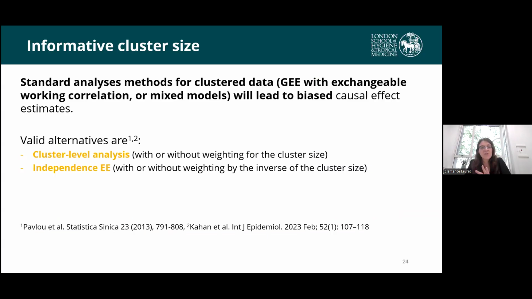So this is something we need to keep in mind, but there are valid alternatives: either the cluster-level analysis I mentioned earlier, or GEE with an independence correlation structure. And I will use this method in the example.